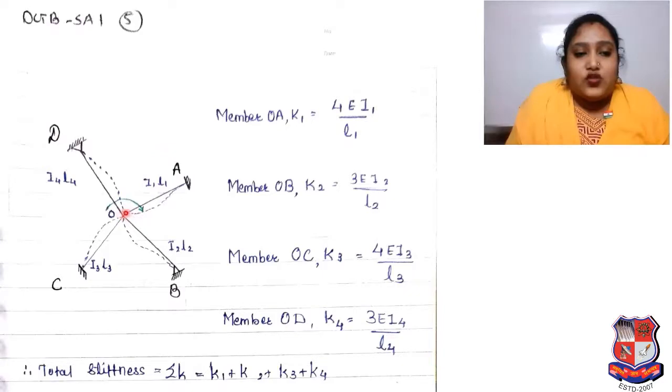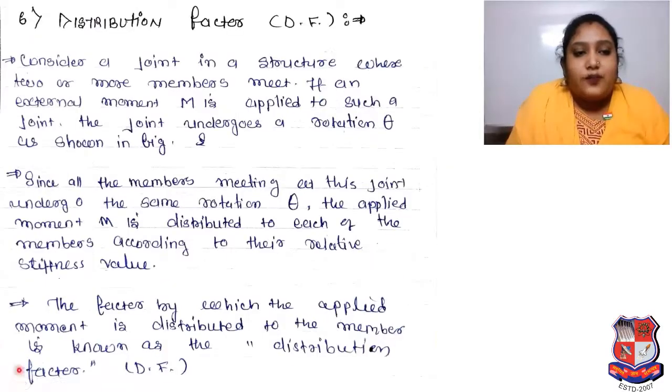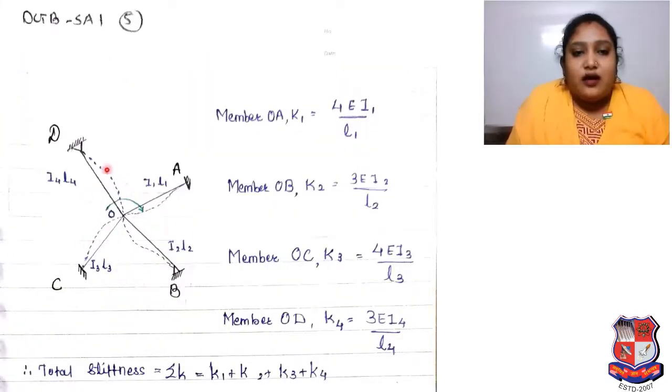If an external moment M is applied to such a joint, the joint undergoes a rotation theta, so we can see it is under rotation. Here joint O is there where all the members are meeting, fixed or simply supported, with members A, B, C, D.